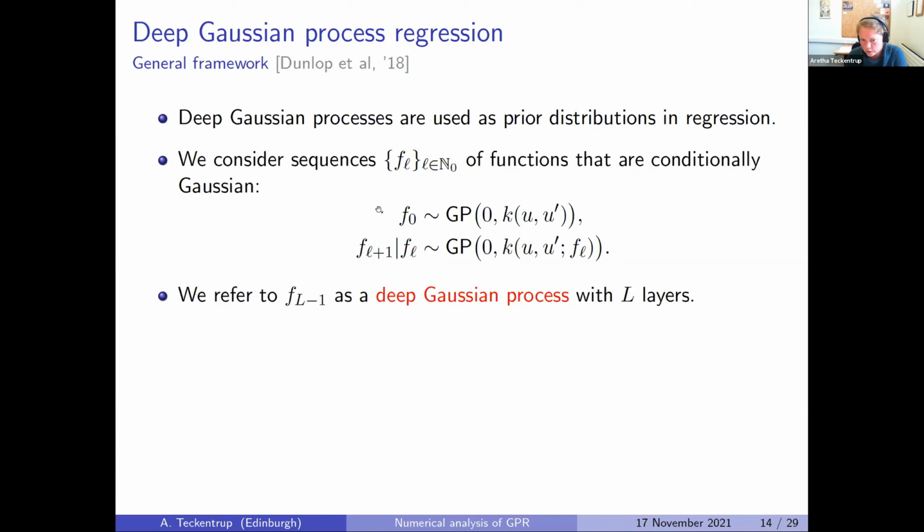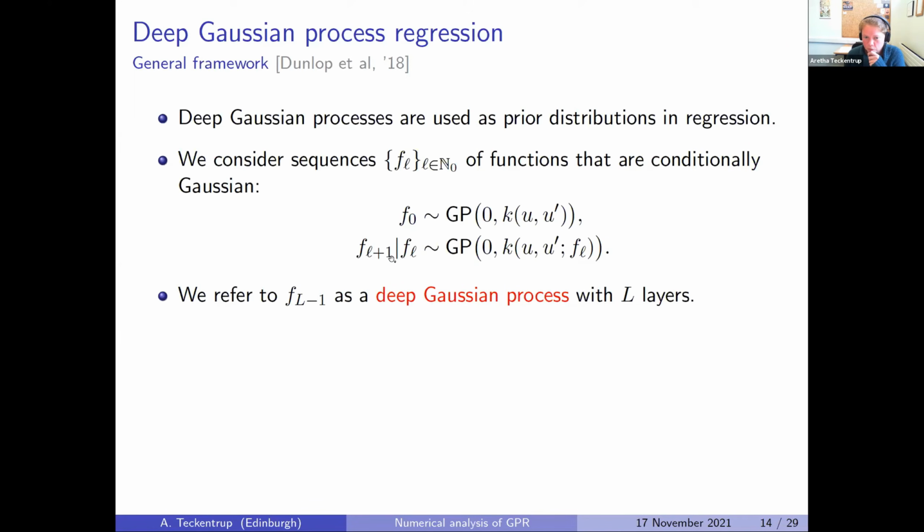So you have a hierarchy of Gaussian processes. The f_0 is a standard Gaussian process with some covariance kernel. So this could, for example, be the Matern covariance kernel that I showed you just now. And then for the other members of the hierarchy, the layers higher up, we define these Gaussian processes conditionally.